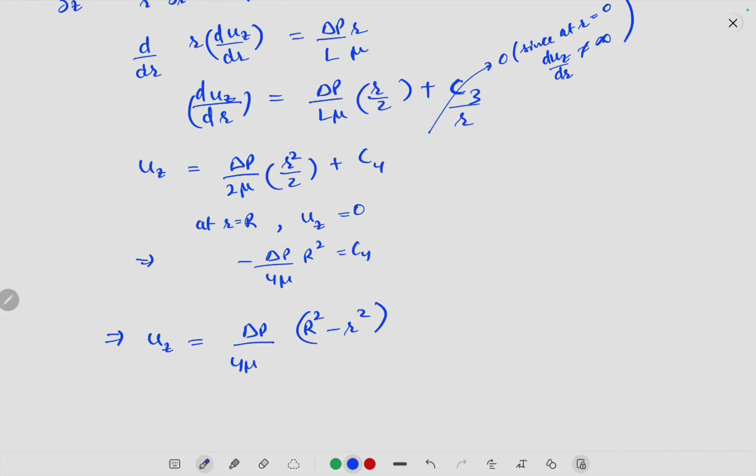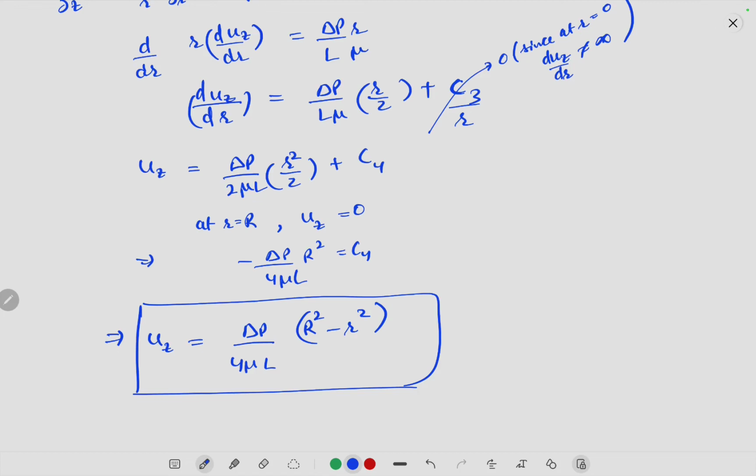Oh sorry, I forgot this L, so there should be an L for mu L. Okay, so this is our solution for the velocity.